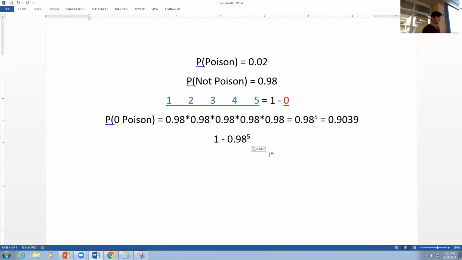And I want you to read this. I want you to be able to read these things because that's when you know you've done it properly. 0.0961. Is that correct? Good deal. So what we have here is everything but the candy is not poison all 5 times.